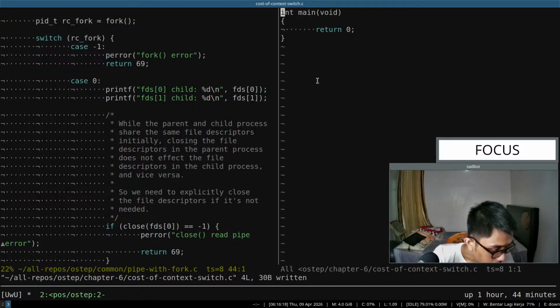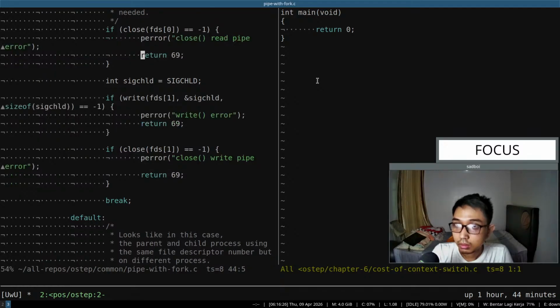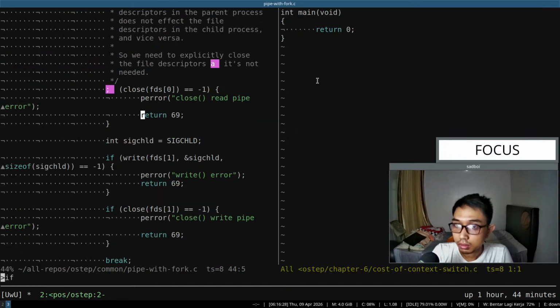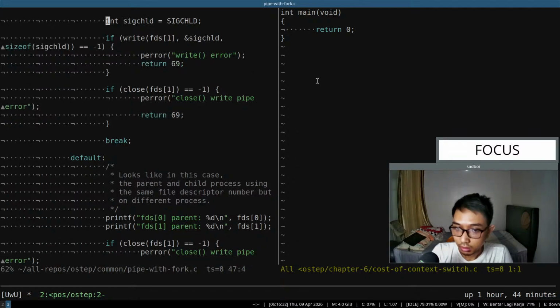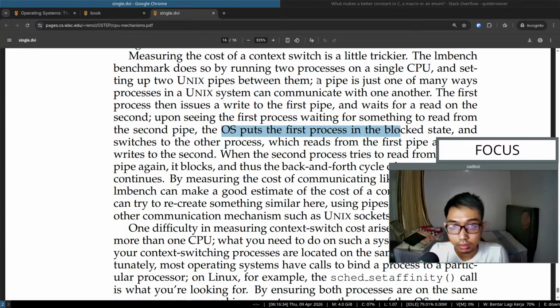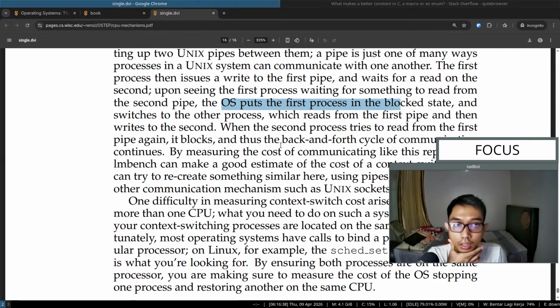And switch to the other process, which reads from the first pipe and then writes to the second.